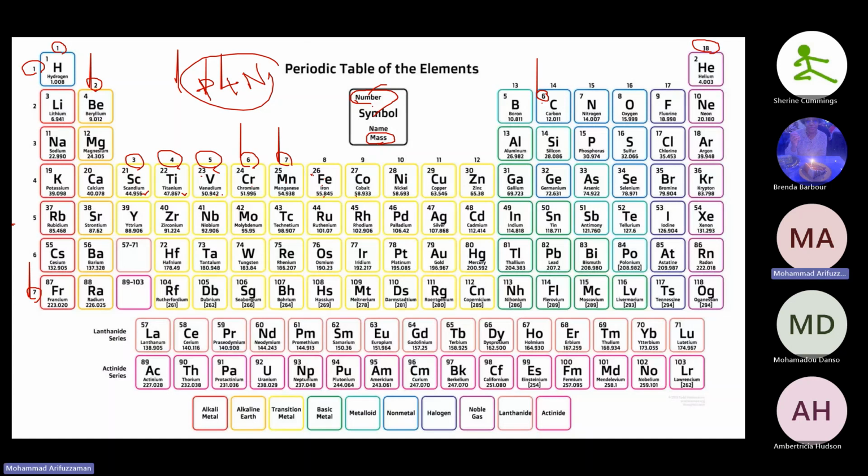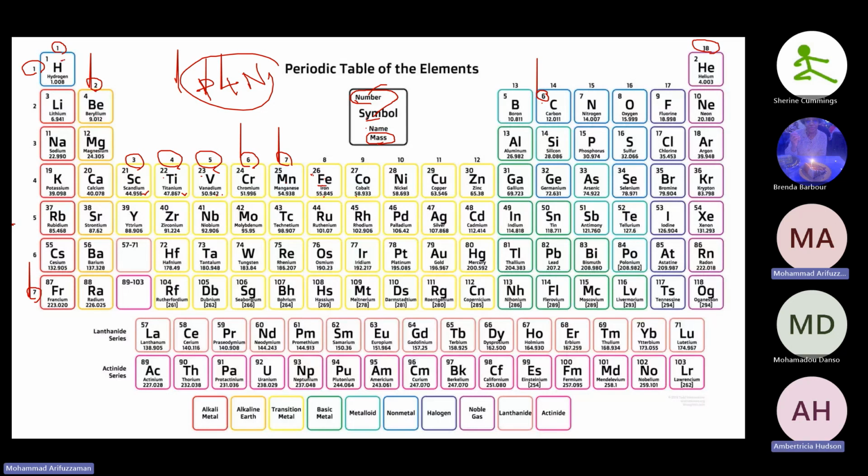So this is the symbol of the elements. For example, Fe is the symbol, and the name of the element is iron. Ti is titanium, and Ti is the symbol.